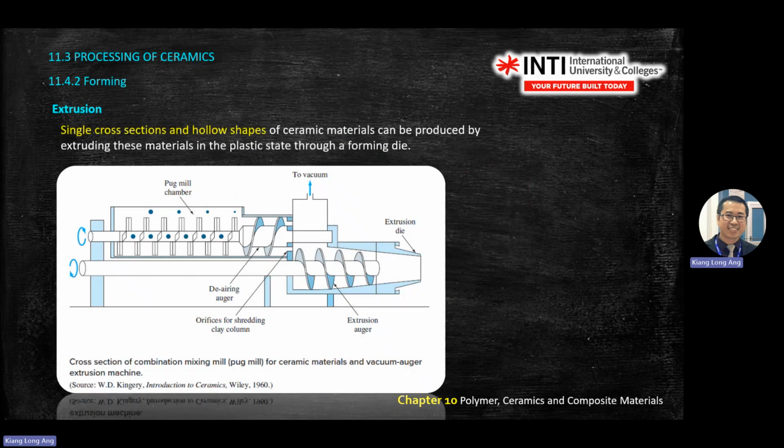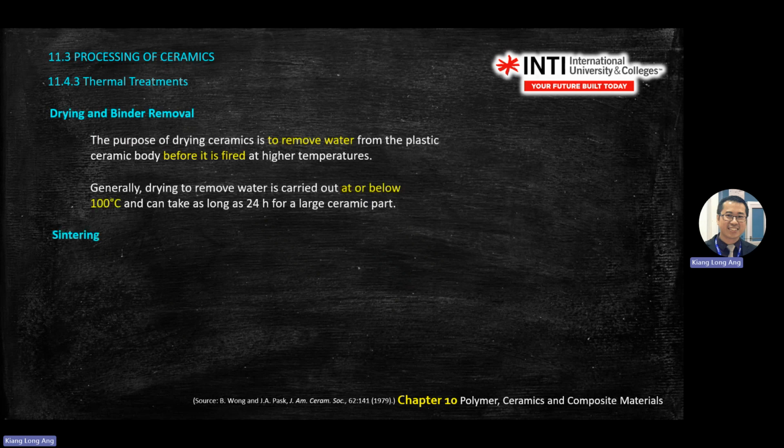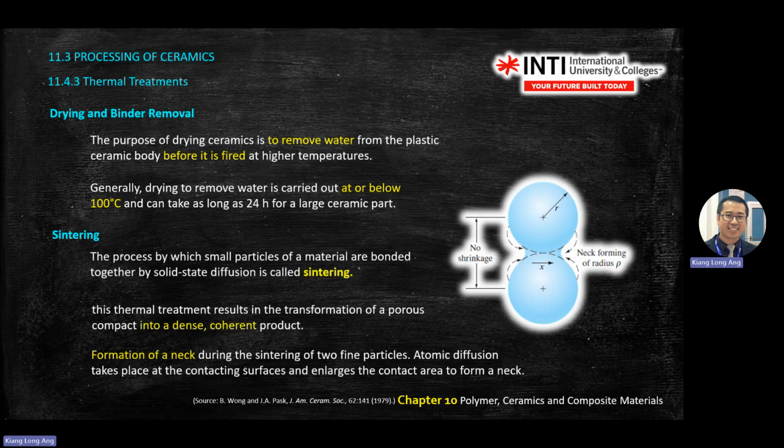Extrusion is like you're pressing some liquid. For engineering students, you learn how to do extrusion with what is called a screw mechanism. Then drying, binding, and so on, sintering. Sintering in ceramic is important, where two silica materials try to bond together.